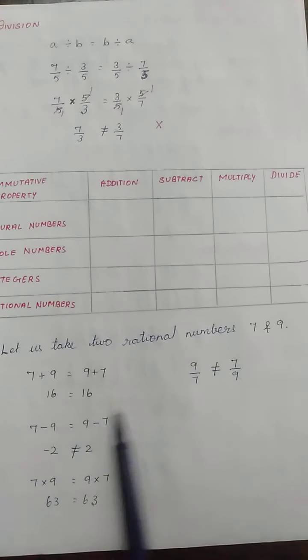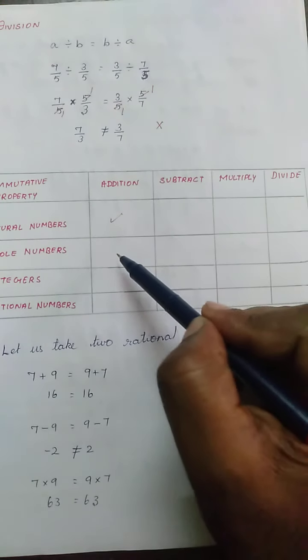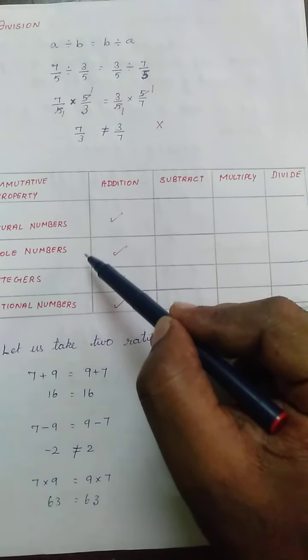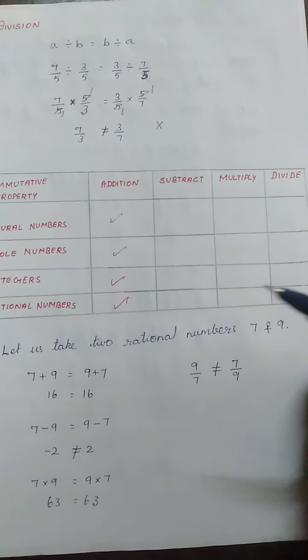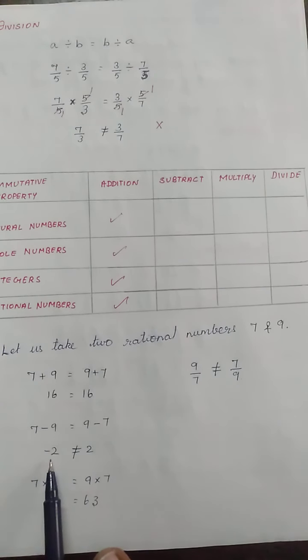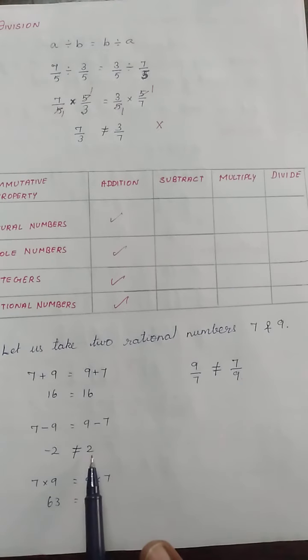Both give 16. So addition under commutative property is true for all the numbers: natural numbers, whole numbers, integers and rational numbers. Similarly, 7 minus 9 will give you minus 2, whereas 9 minus 7 will give you 2.